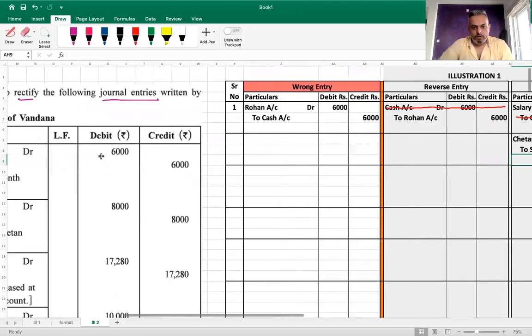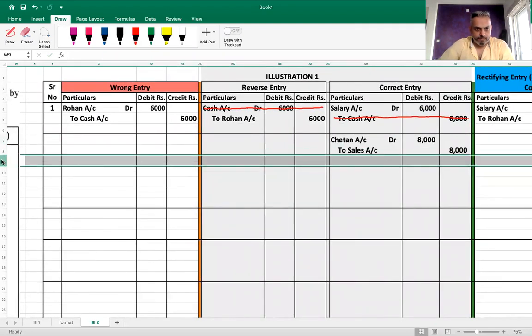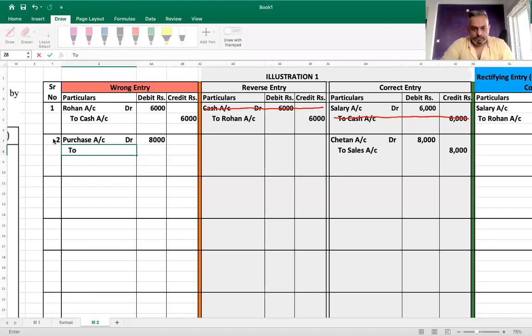Now, what is the wrong entry already given? Wrong entry given is purchase account debit 8,000 to Chetan account.